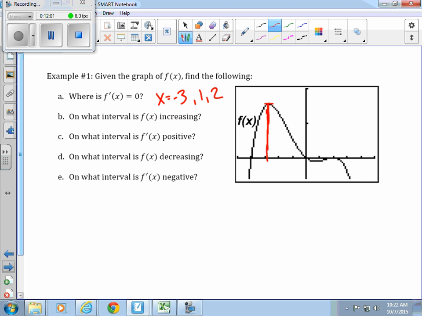On what interval is f of x increasing? And when is f prime positive?